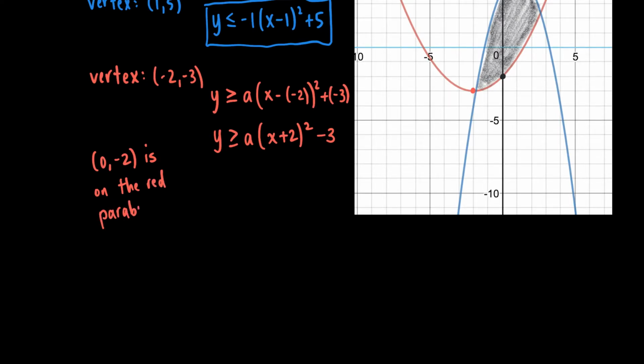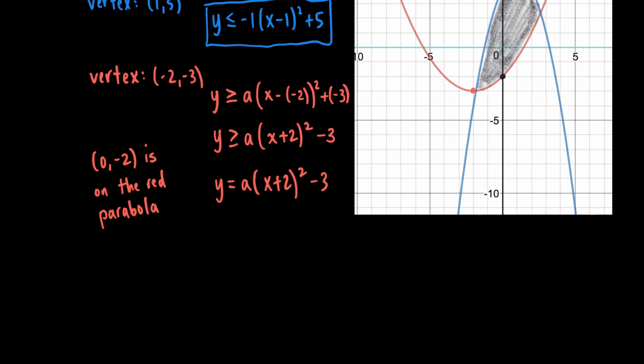What does that mean? Well, the red parabola, if you had an equation for it, would be y is equal to a times x plus 2 squared minus 3, which is fine, except we just don't know what the a value is. But what we're going to do is use the xy coordinate pair here and plug them in for the x and the y, and that'll tell us what the a is.